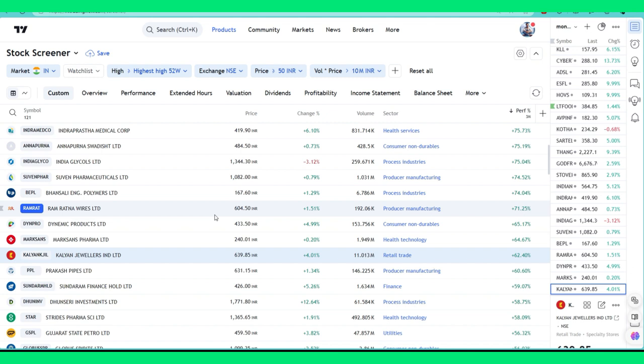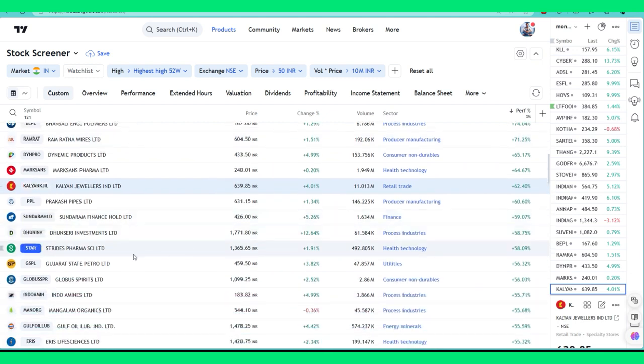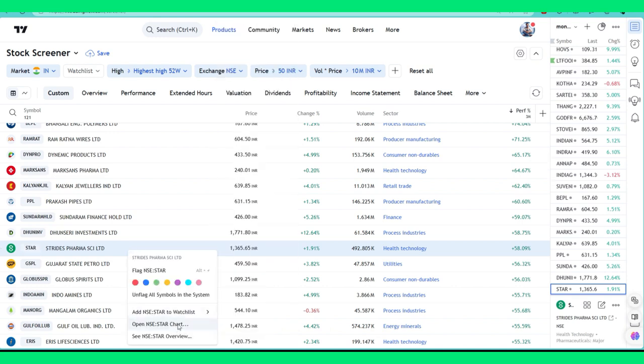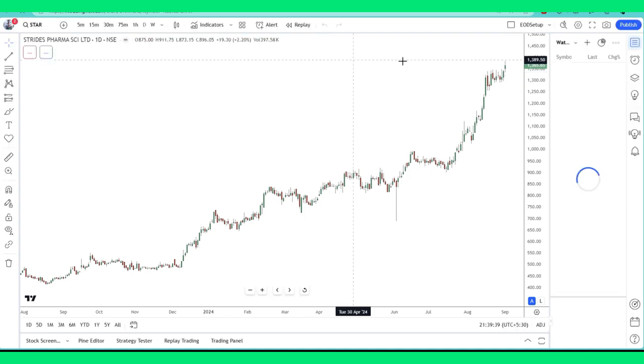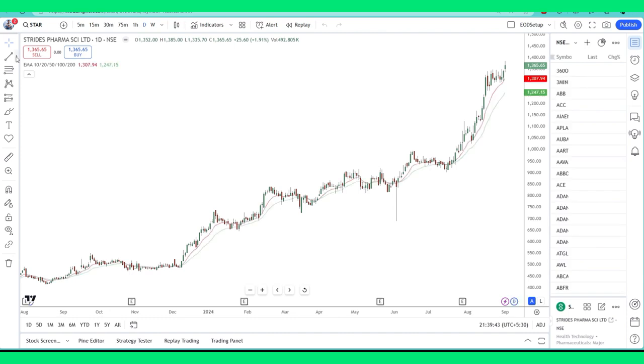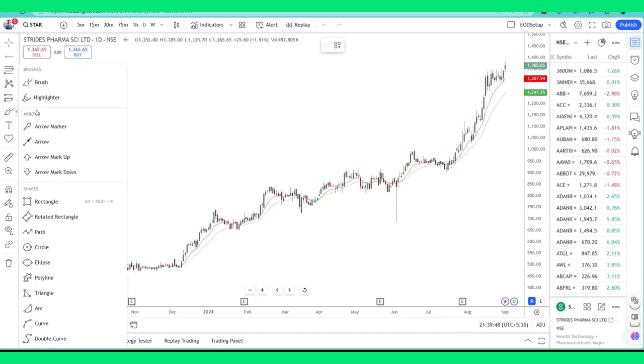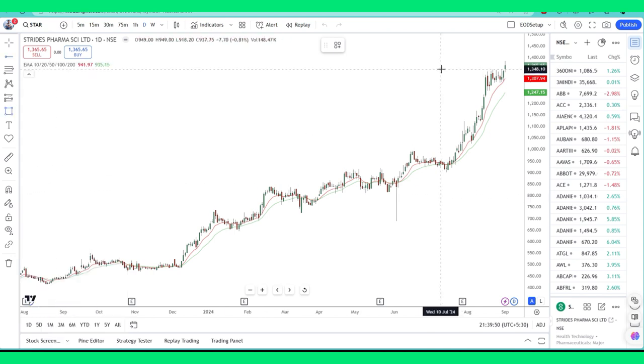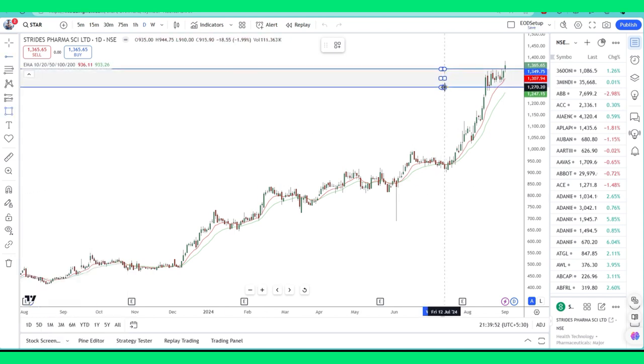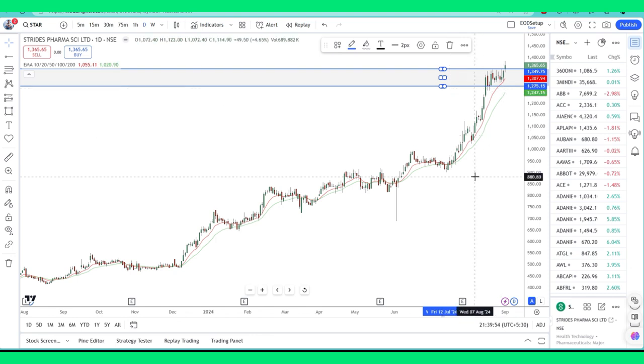Now going and looking at some more. I'm just giving an example of how I do my scan. You could do it in a different way. I like to have a beautiful step chart, right? We can see that this one has a beautiful breakout of a consolidation. The last consolidation was here.